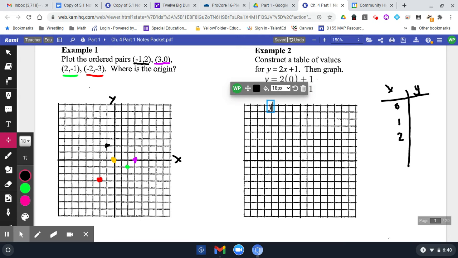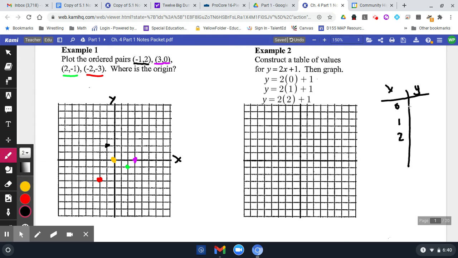That's going to be y equals 2 parentheses 2 plus 1. All right, and so those are going to give me my 3 y's. So my first one, 2 times 0 is 0, plus 1 is 1. My second one, 2 times 1 is 2, plus 1 is 3. And then 2 times 2 is 4, plus 1 is 5.